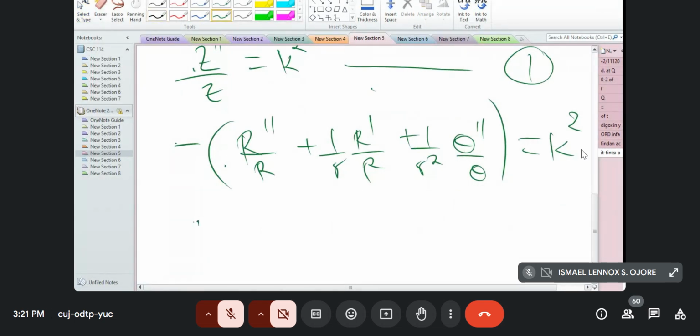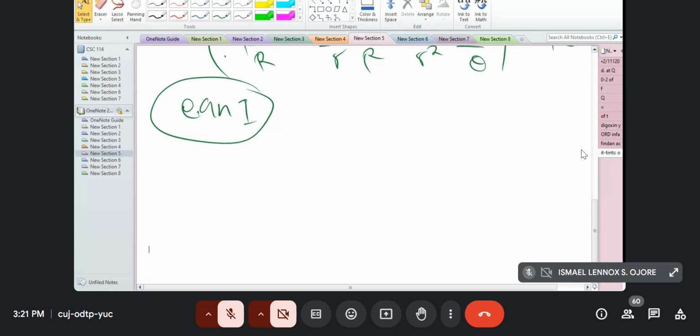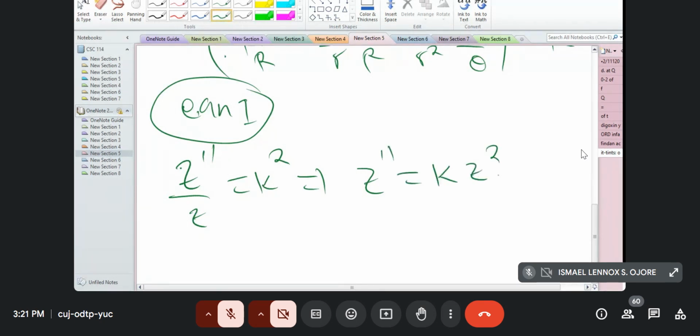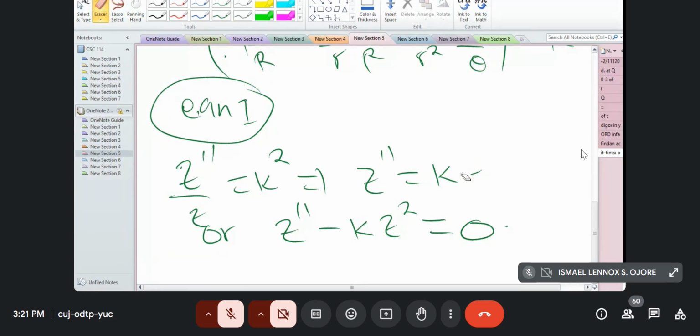Let's solve equation 1. Z double prime over Z equals k squared. It's the same thing as Z double prime equals k squared Z, not the other way around.